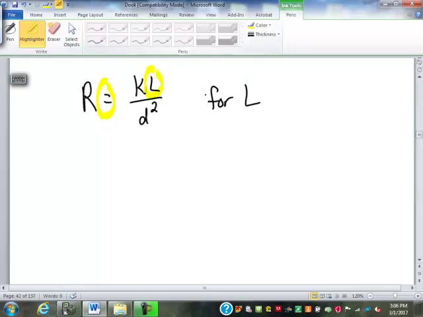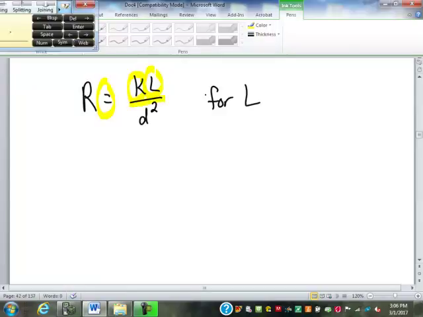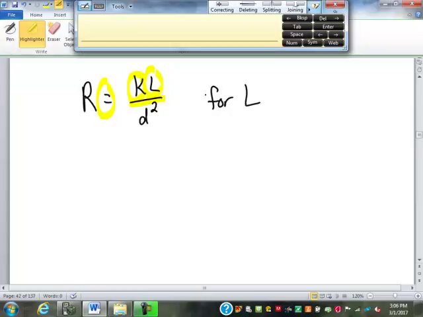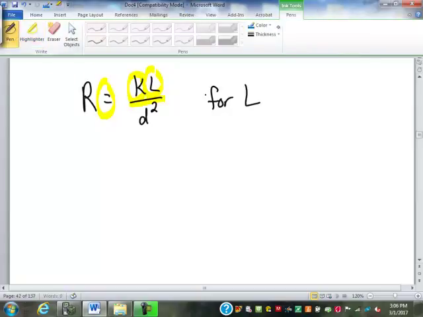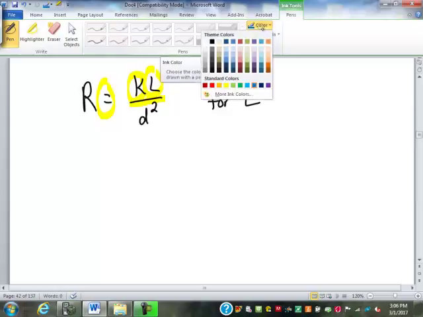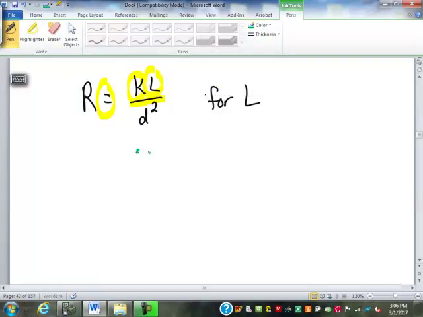Now what's been done to L? L has been multiplied by K and then divided by D squared. So to solve it, I'm going to reverse that process. I have to multiply by D squared. You cancel that out. So multiplying by D squared over here, R times D squared is RD squared.